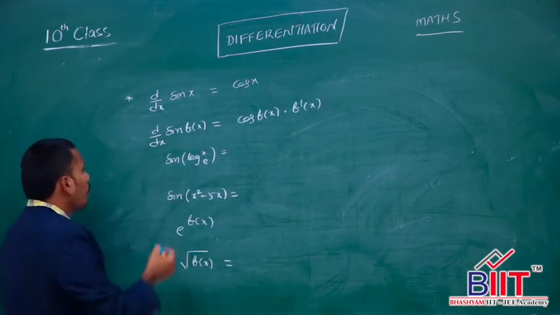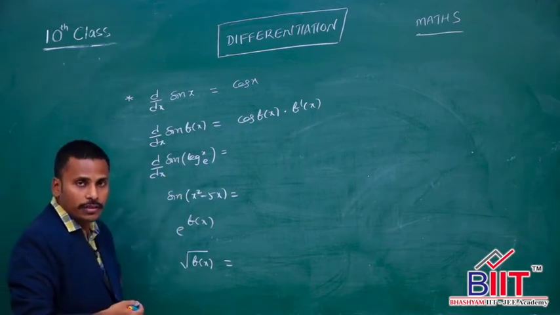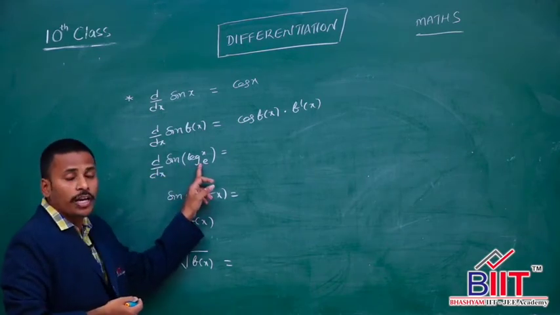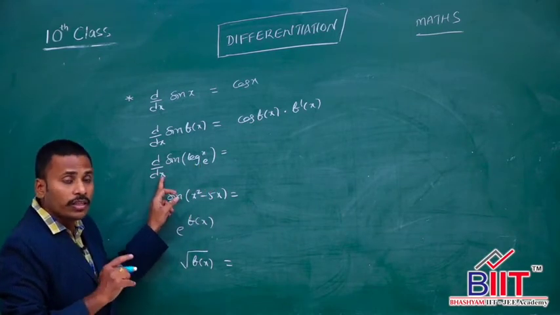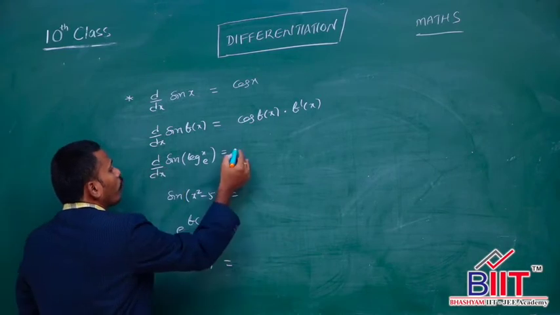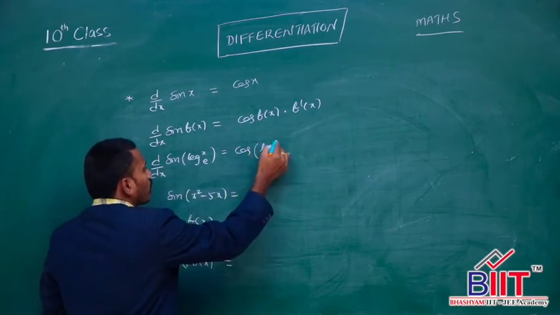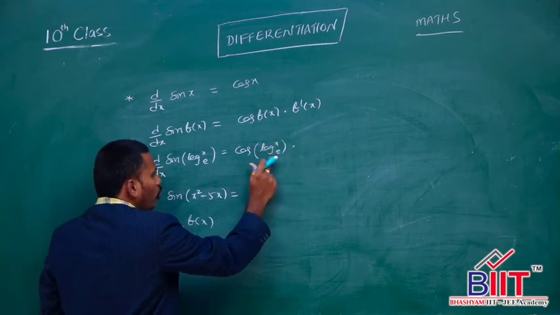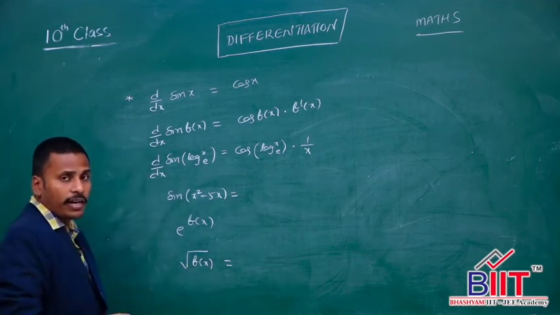In the same way, what is the d by dx of sin of log x to the base e? For this sin the input is log x to the base e, but we are calculating the derivative with respect to x. So first of all write the derivative of sin of something is cos of something into the derivative of this log x, which is 1 by x from the standard derivatives.